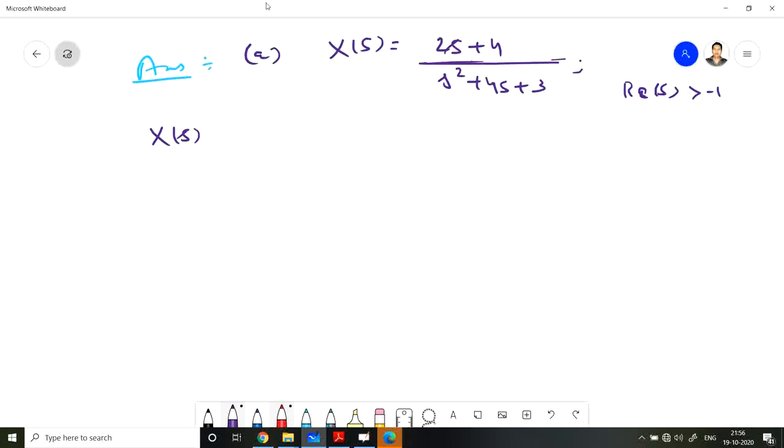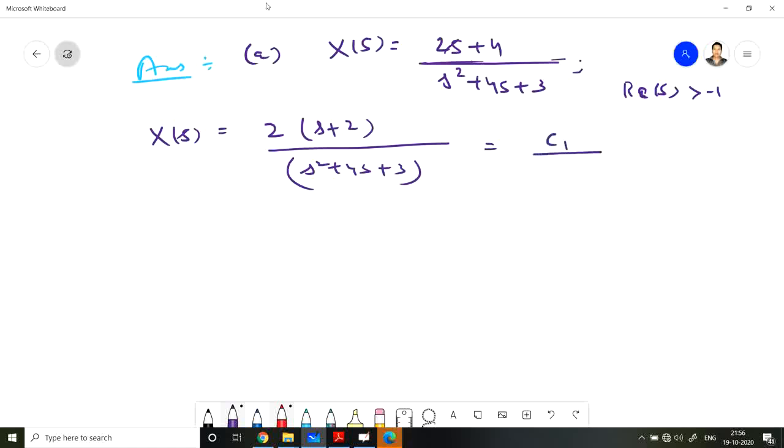So X(s) is written as, we can take 2 common, then it is 2 times (s plus 2) divided by (s square plus 4s plus 3). Basically we can factorize this.